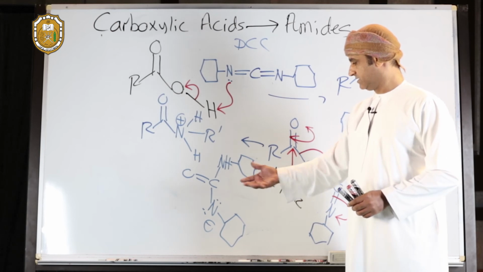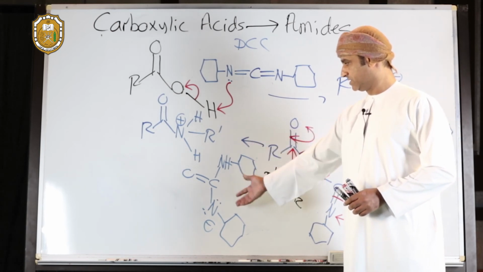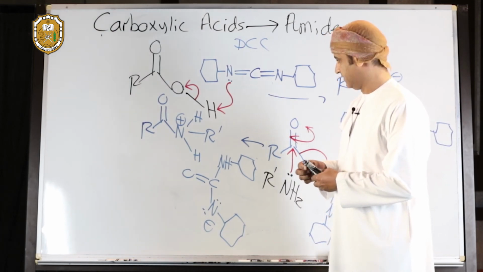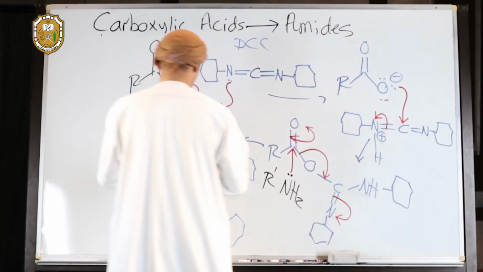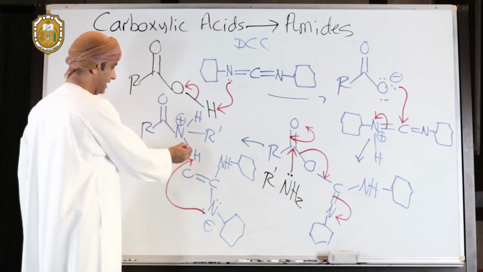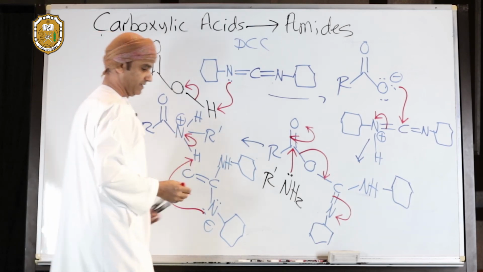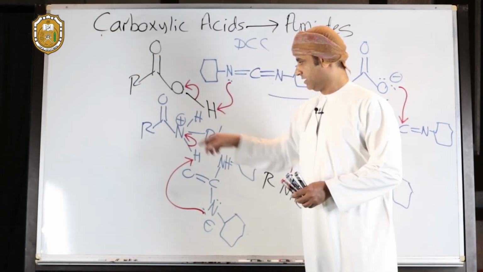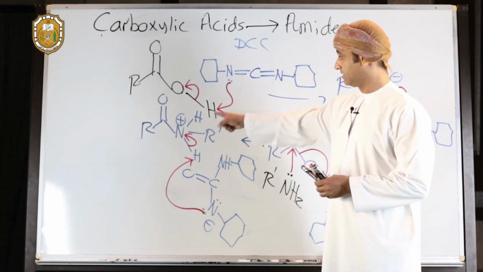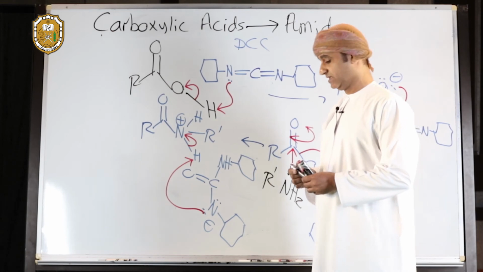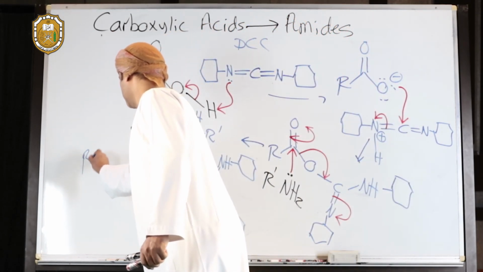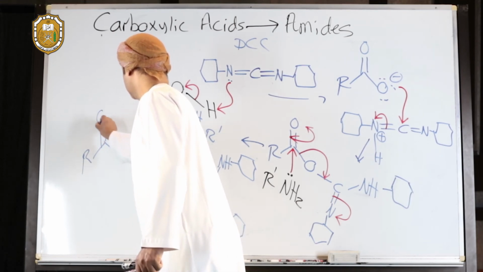Now, what happens now is actually deprotonation here, deprotonation there, which can be done very easily. So we can assume that this deprotonates that hydrogen, and the hydrogen-nitrogen bond is broken, releasing electrons to the positively charged nitrogen. Now this, of course, furnishes the desired amide, whose structure is this.